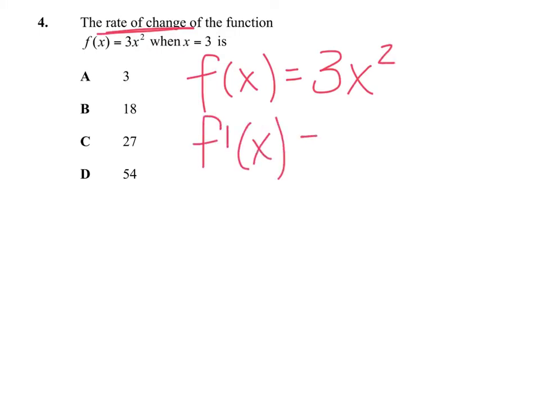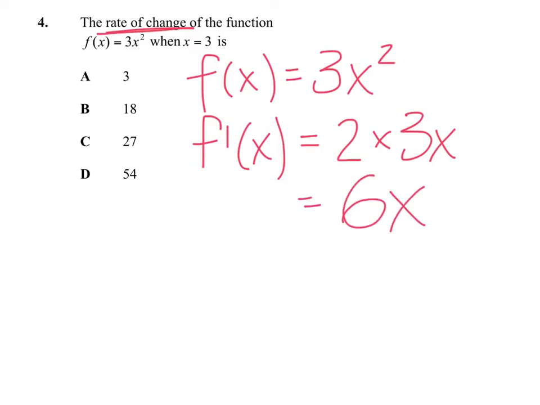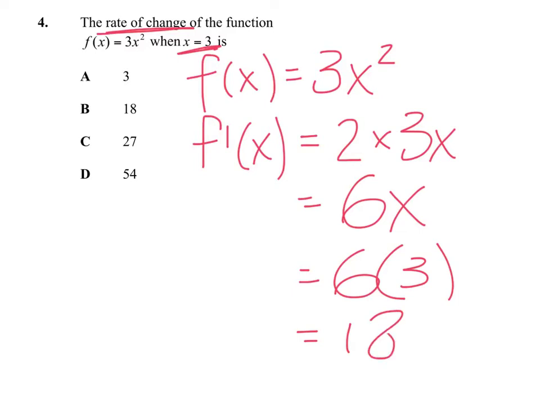Differentiating gives us 2 times 3x to the power of, take 1 away from the 2, gives us 1, which is just 3x, which then gives us 6x. We're interested when x equals 3, so that's 6 times 3, which is 18. And that answer is answer B.